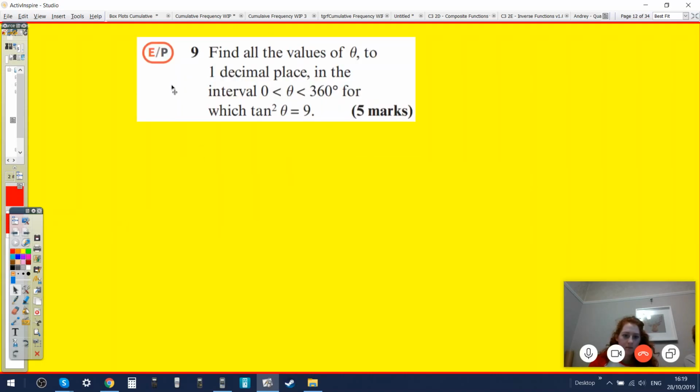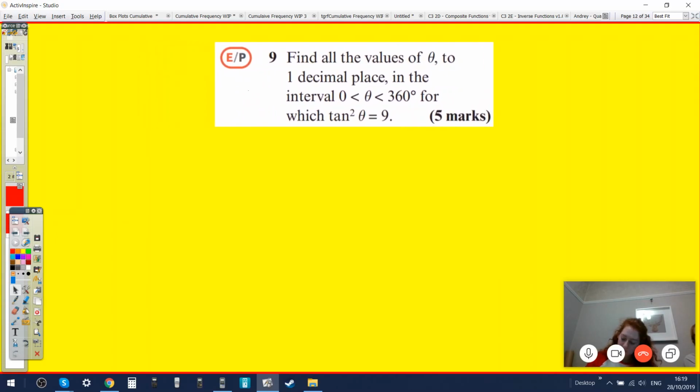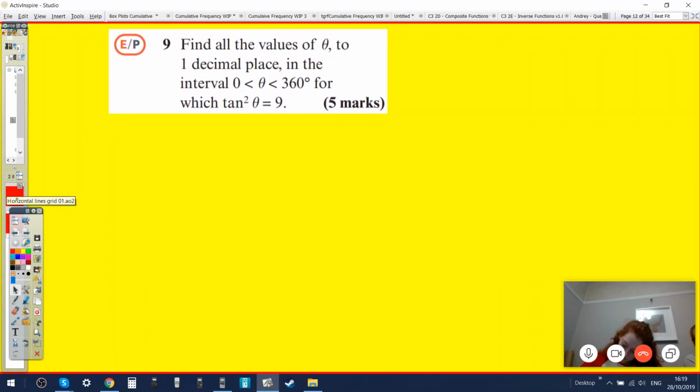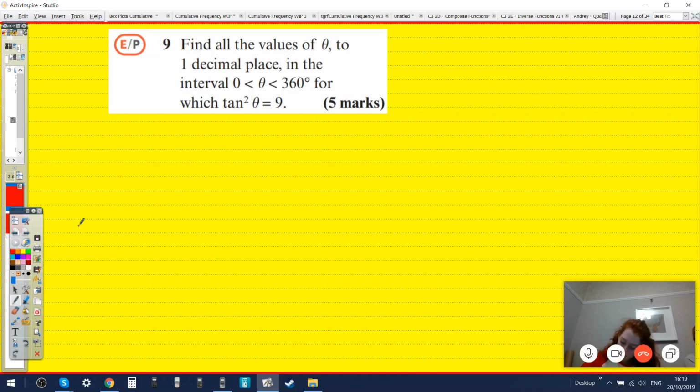Now let's jump. Okay, this is what an exam question looks like. Any idea how we do this? Would we have to take the square root first? Well done.